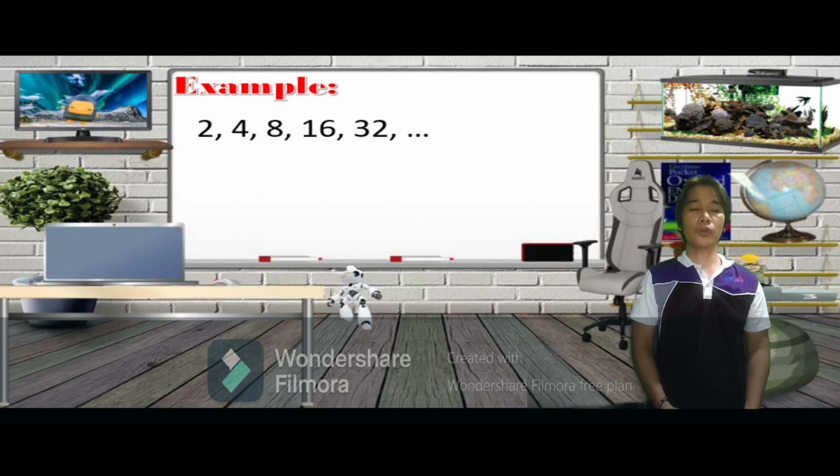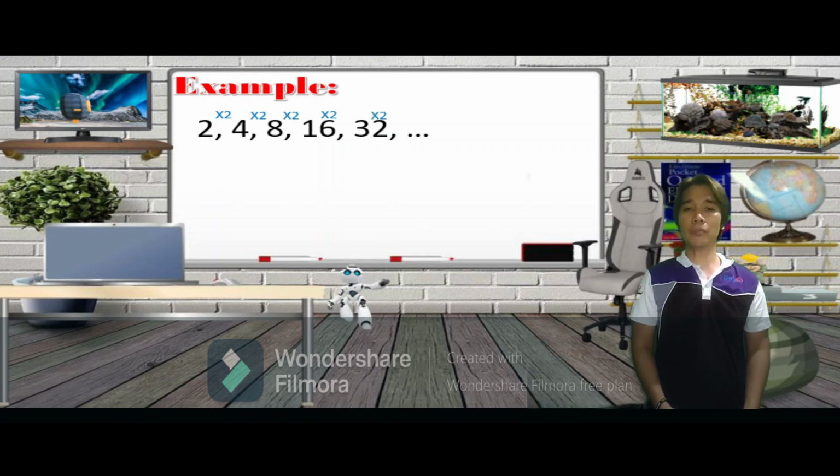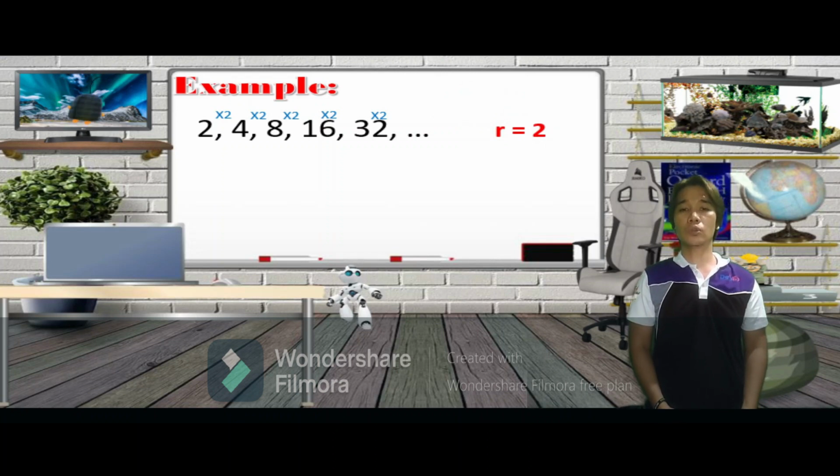To get 4, we multiply 2 by 2. Then 4 multiplied by 2, we got 8. Then 8 times 2, we have 16. Then 16 times 2, we have 32, and so on. So the fixed number 2 is called the common ratio. So the common ratio for example number 1 is 2.